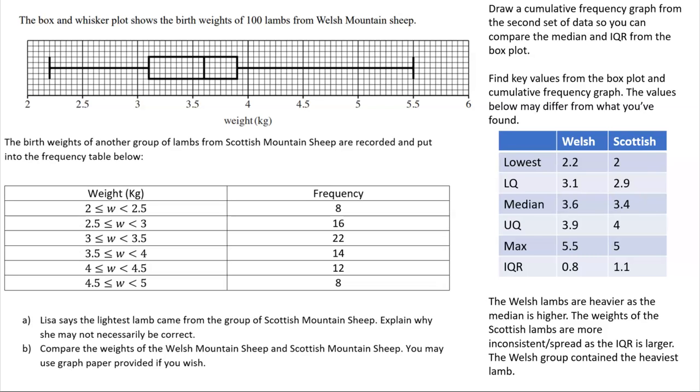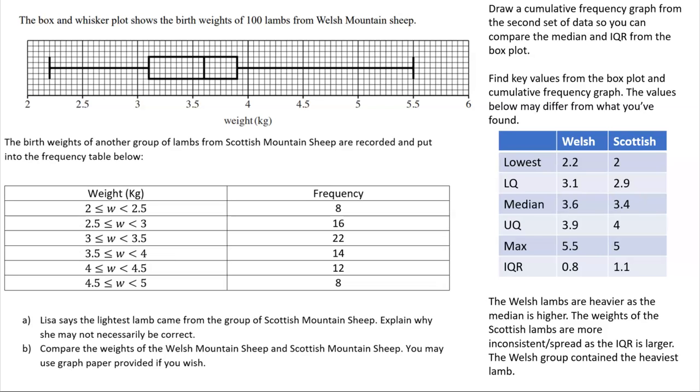The only thing that should definitely be the value I've got here is the upper quartile, which should definitely be 4, just because you plot it bang on the 60, which is at the end of that 3.5 to 4 group. Obviously make sure that you plot the upper bounds when you're doing your cumulative frequency graph.